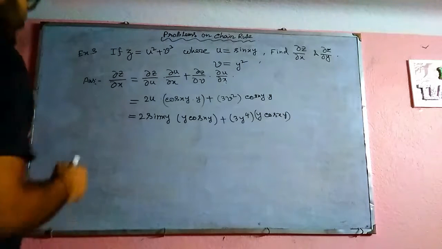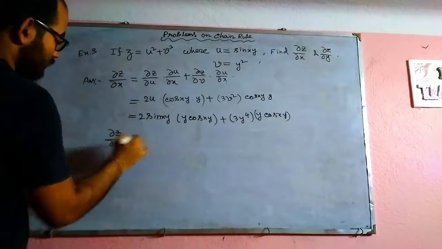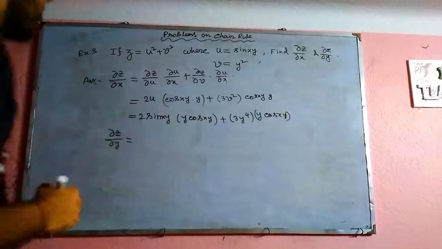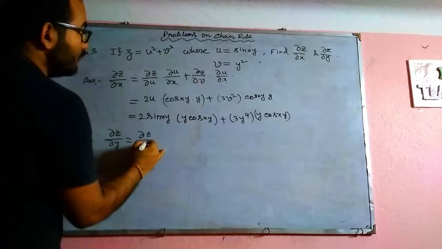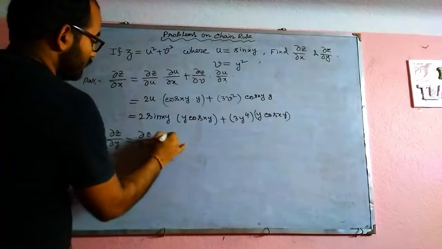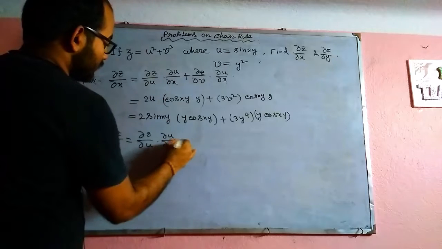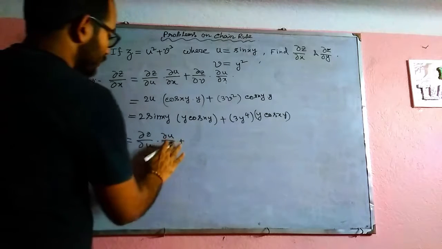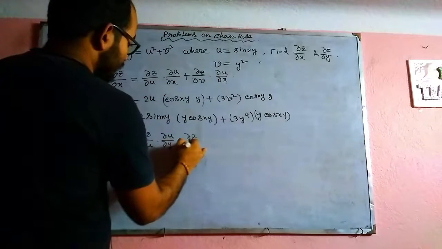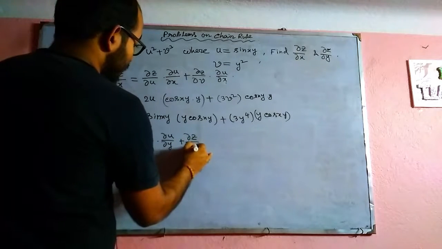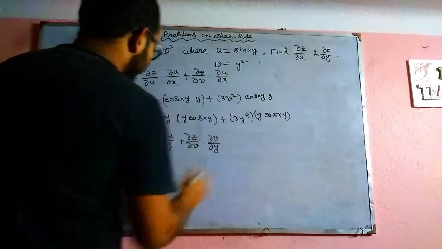Now, del z del y is del z del u into del u del y, plus del z del v into del v del y.